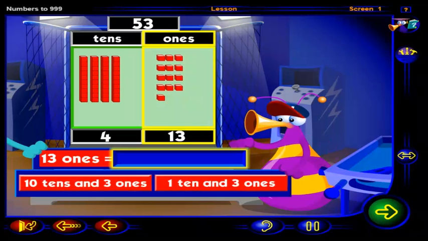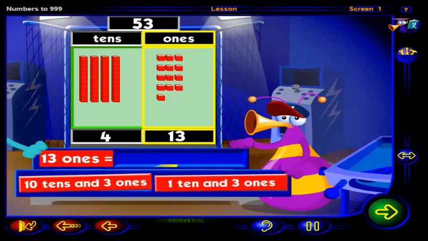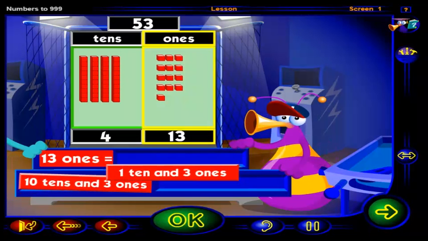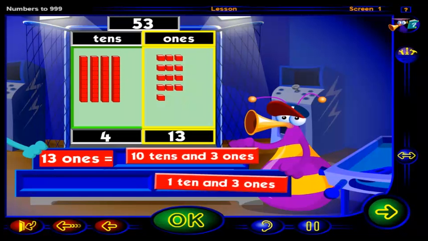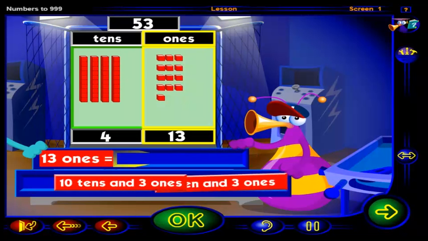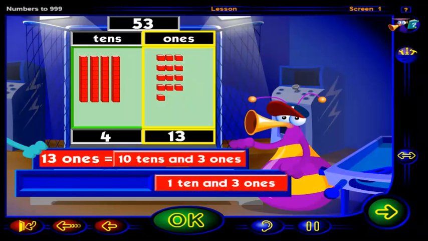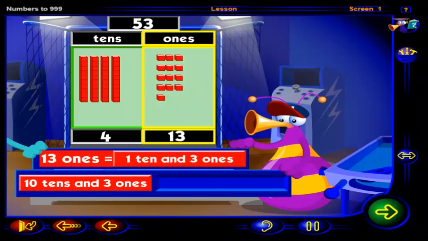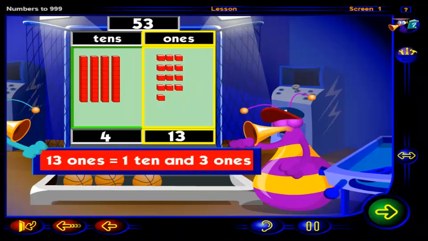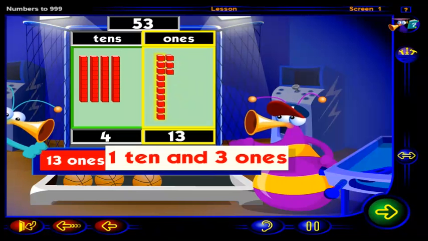Drag your answer here, then click OK. That's it. There is 1 10 and 3 1s in 13 1s.